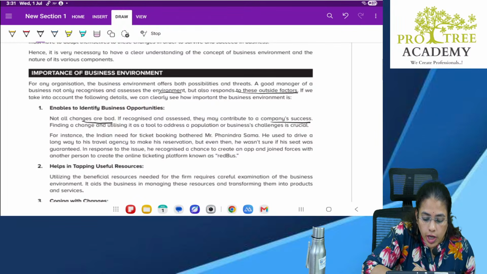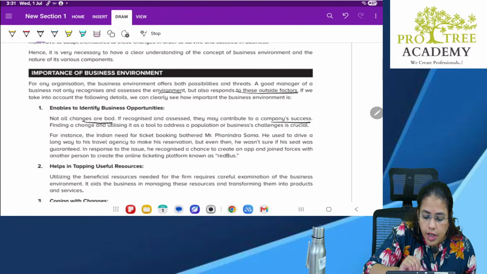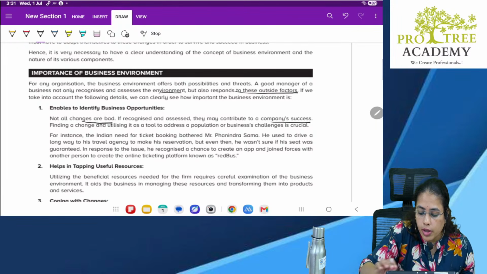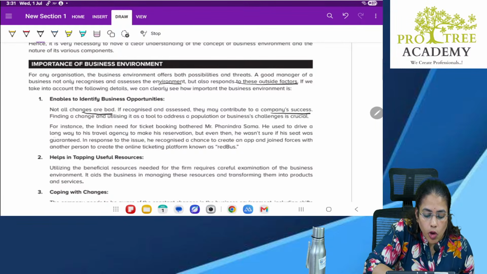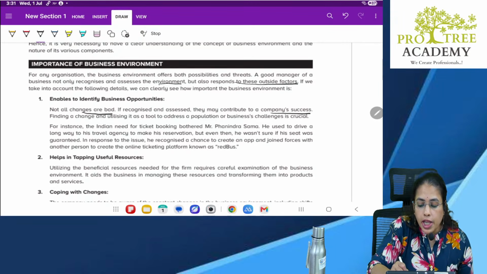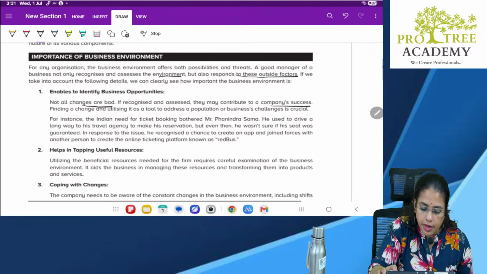For instance, an Indian's need for ticket booking bothered Mr. P. He used to drive a long way to his travel agent to make his reservation. But even then he wasn't sure if his seat was guaranteed.